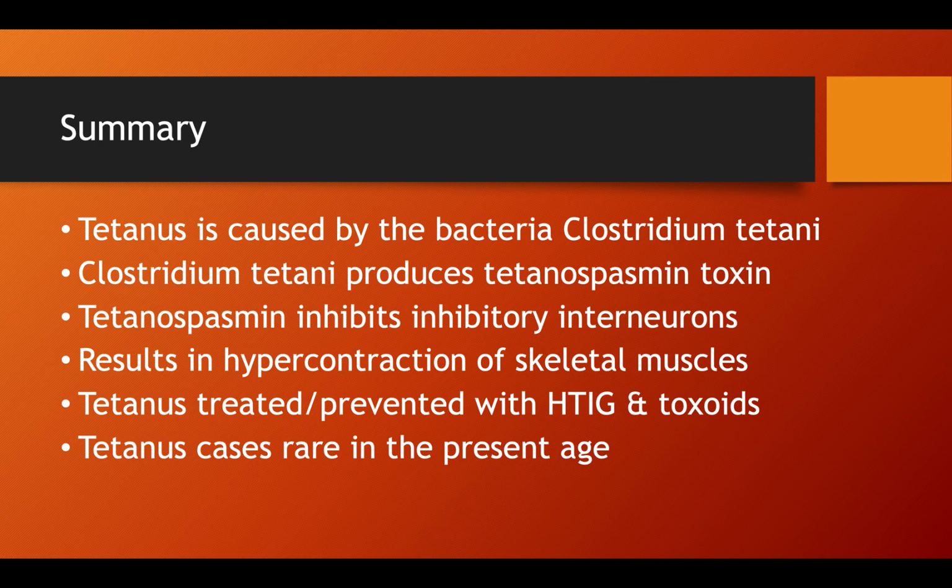This results in the hypercontraction of skeletal muscles due to the lack of regulation of the motor neurons. And tetanus is treated and prevented mainly with HTIG, or human tetanus immunoglobulins, or toxoid vaccines. And we learned that tetanus is really rare in the present age when we're talking about the US.